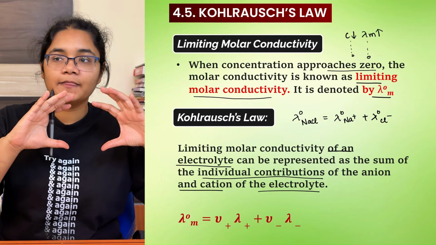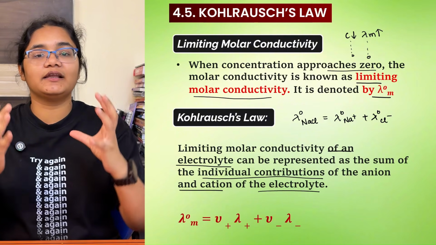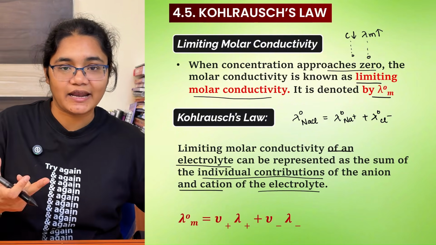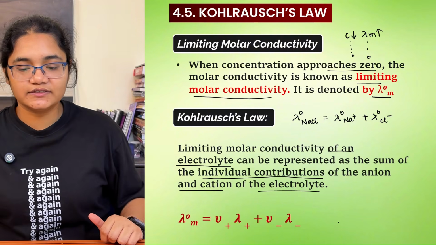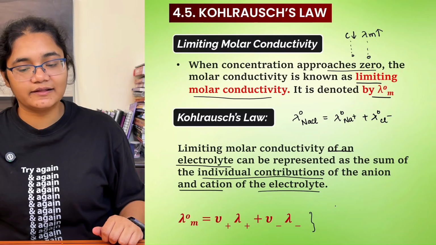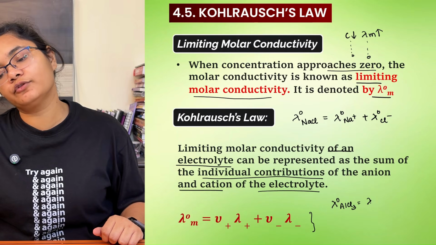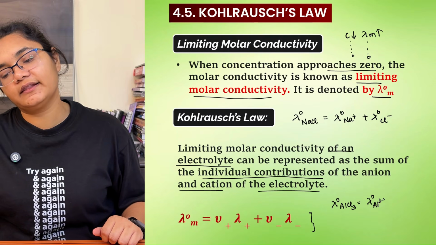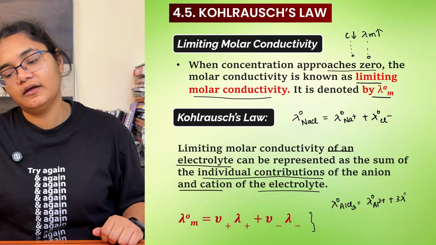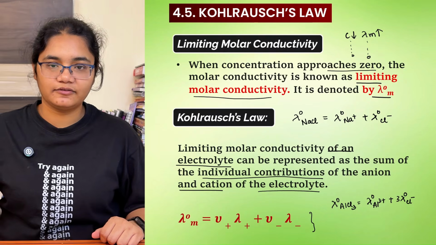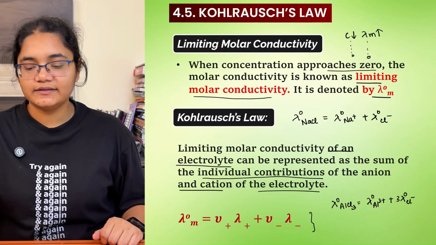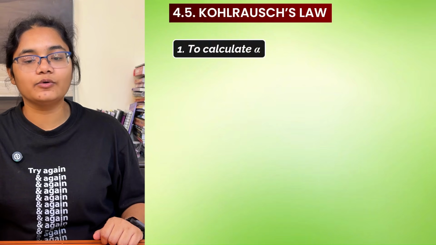So the total molar conductivity of NaCl will depend on the molar conductivity of Na plus and Cl minus. This is schematically represented like this. If you have, for example, AlCl3, that will give you the molar conductivity of Al3 plus and 3 times that of Cl minus.